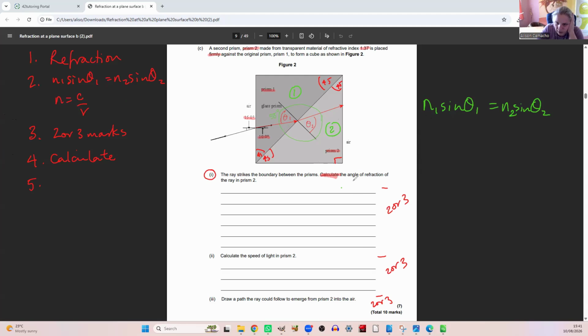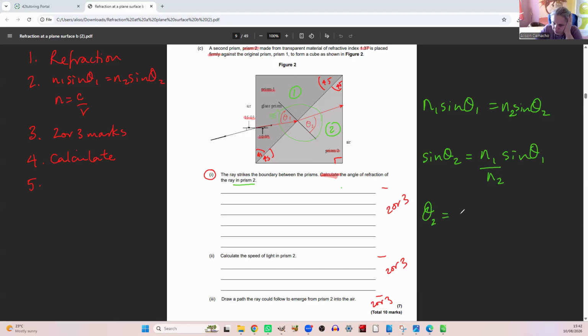And what do we want? We want the angle of refraction in material 2. So we want theta 2. So I'm going to do sine theta 2 on its own. Let's move it all over. So sine theta 2 equals n1 sine theta 1 over n2. And now I actually want theta 2.